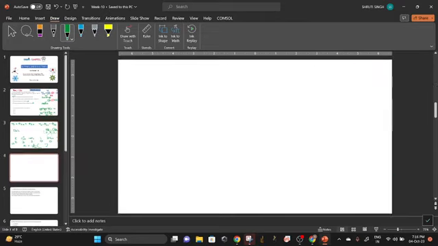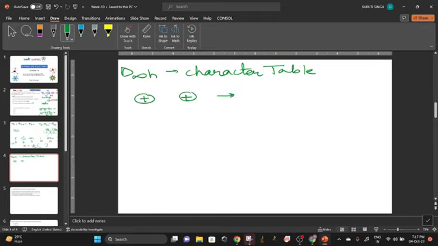We can look at the character table of D infinity h, and we can figure out that this plus plus combination actually belongs to the first, totally symmetric representation, so it will be sigma g plus.